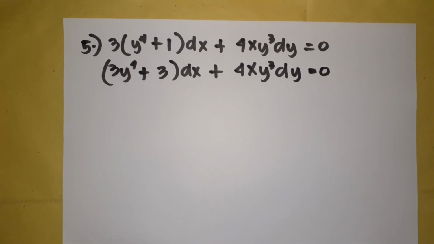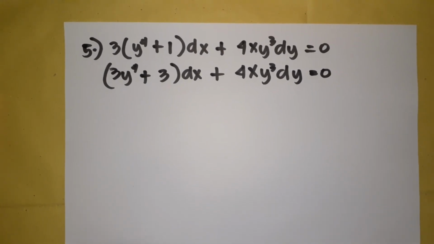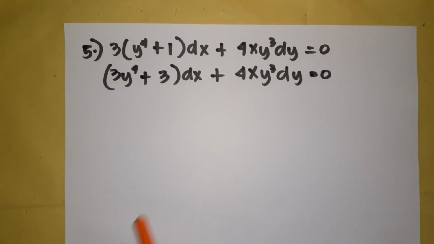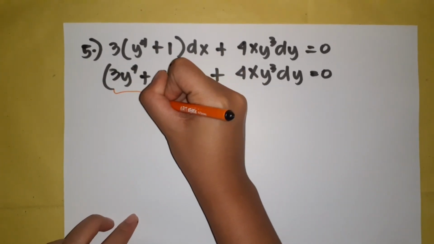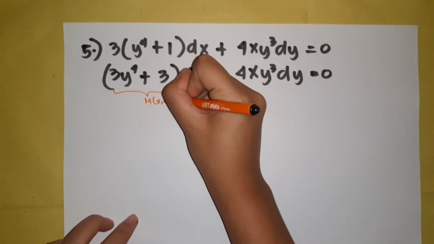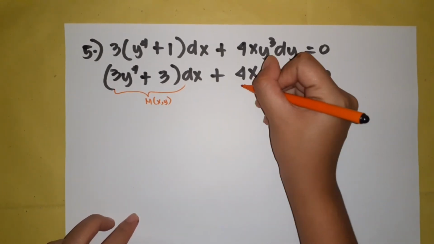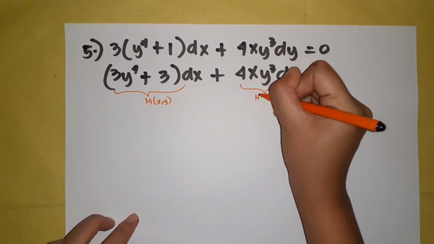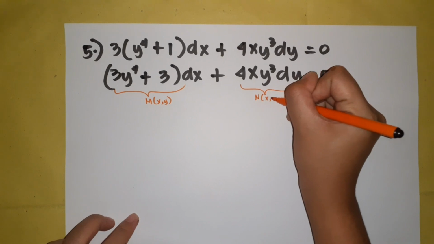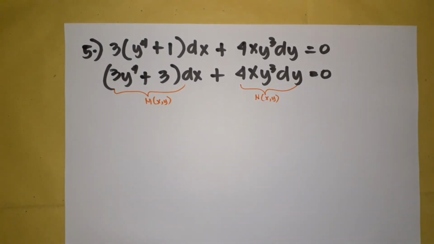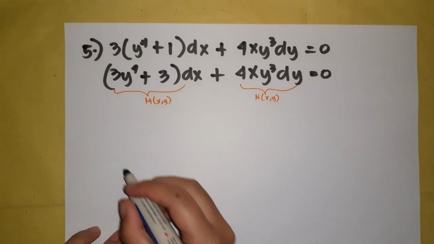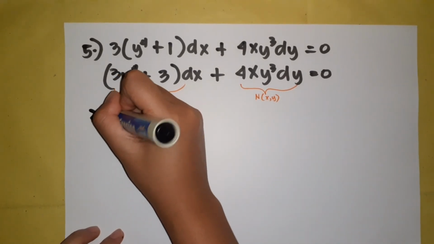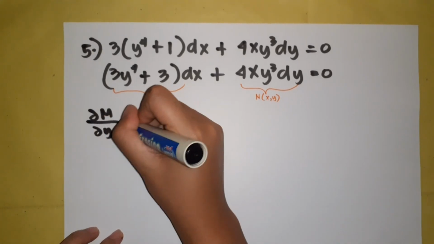And then next, we will test the exactness of our two functions. We have here the first function, our function M of x,y, and our function N of x,y. In testing the exactness, we will first get the partial derivative of M in terms of y.